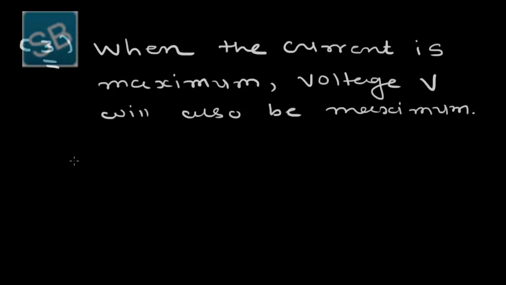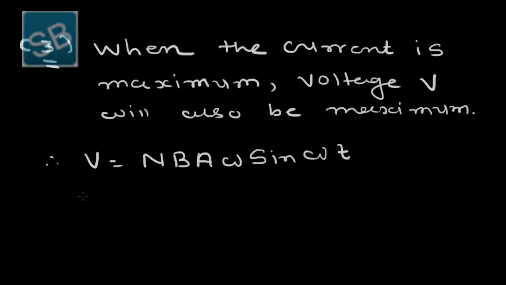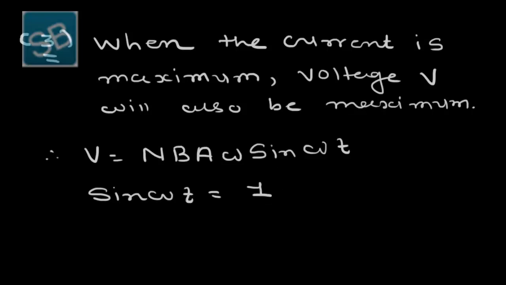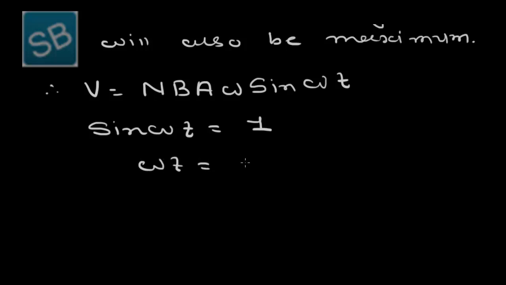And we know according to the graph of V versus omega t, whenever the value of sine omega t is equals to 1, or we can say omega t is equals to pi by 2, the value of V was equals to Vm. So V is equals to NBA omega sin omega t. So the condition for maximum current is sine omega t is equals to 1, and therefore omega t should be pi by 2.